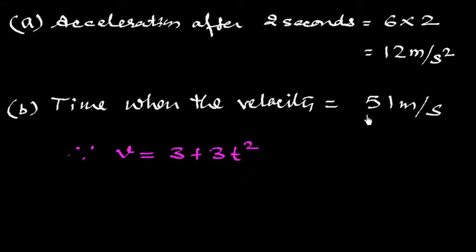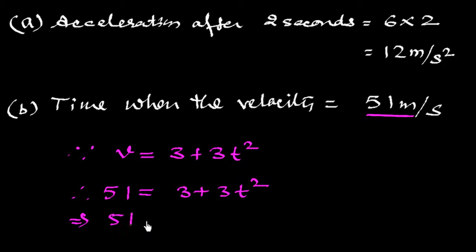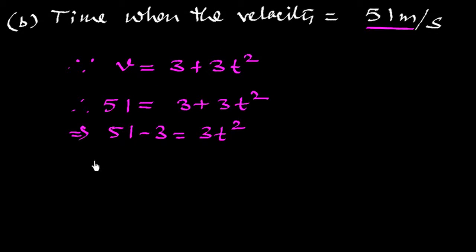And the velocity we require is 51 meter per second. Instead of v, we have to put 51. 3 plus 3t square implies that 51 minus 3 is equal to 3t square. Implies that 48 is equal to 3t square.